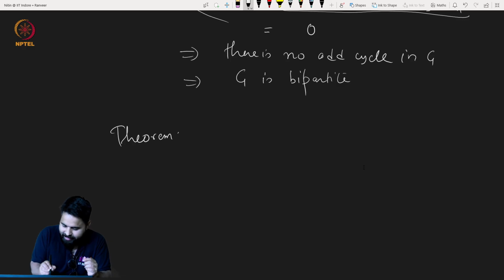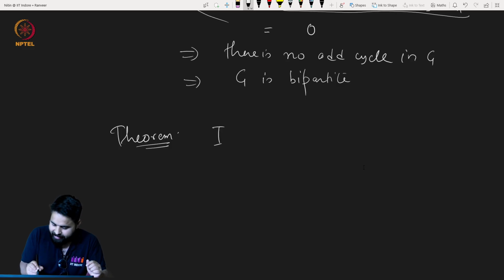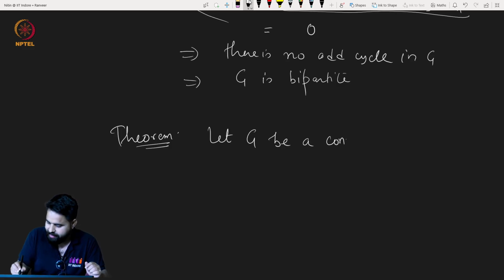The statement is: let G be a connected graph.